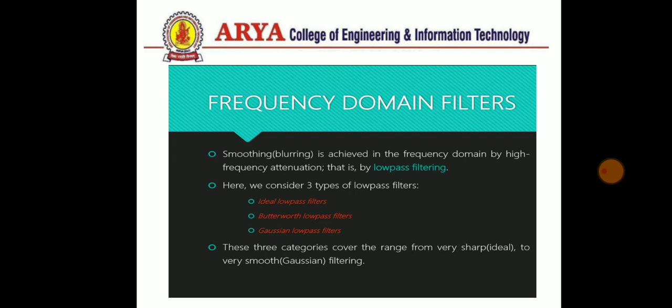There are three types of low pass filter. The first one is the ideal low pass filter, the second is the Butterworth low pass filter, and the third and last is the Gaussian low pass filter. These three categories of low pass filter cover the range, and they are widely used for smoothing or to remove the blurredness of the image.